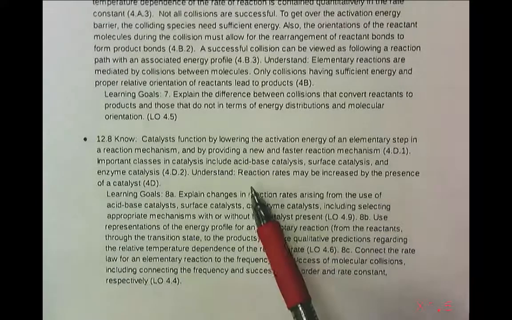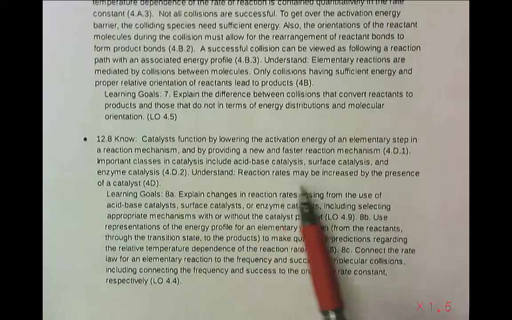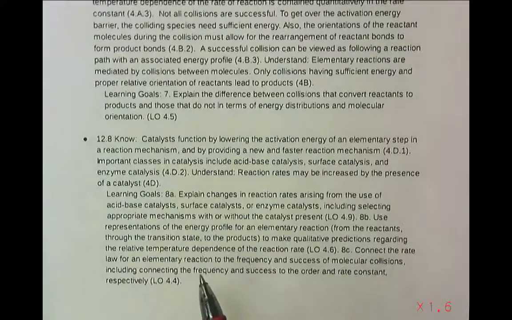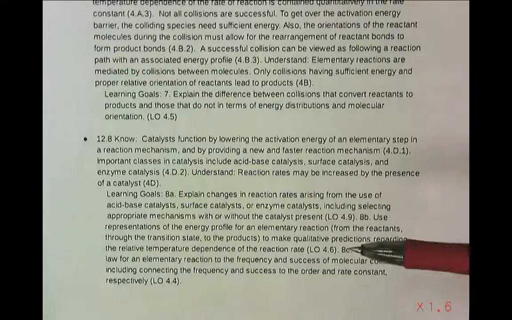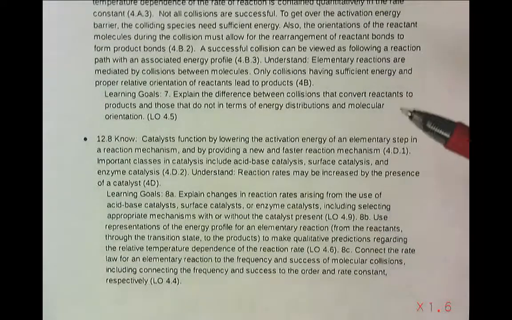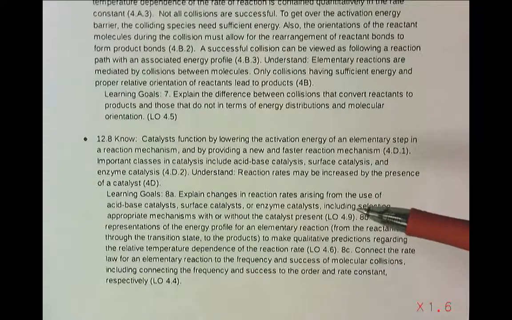The big idea is reaction rates may be increased by the presence of a catalyst. Catalysts come in many forms: acid-base catalyst, surface catalyst, enzyme catalyst, and so on. But just connect the idea with the kinetics concept that catalysts speed up the reaction by lowering the activation energy when creating a new reaction mechanism.